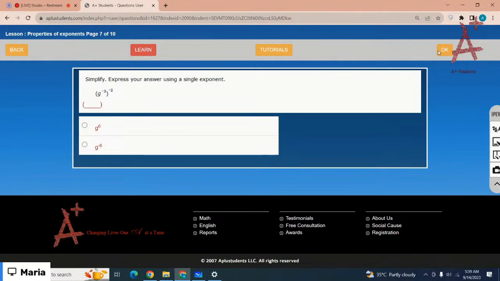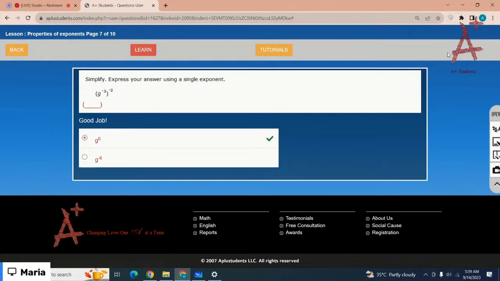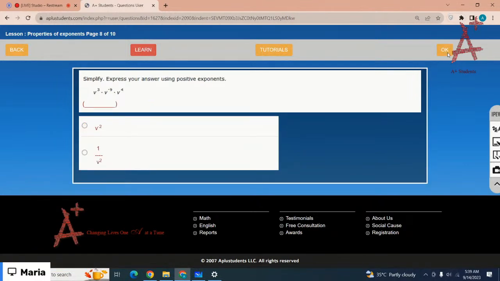Simplify. Which is the correct option? Yes, 3 times negative 2 is positive 6. So option number 1 is the correct option, g exponent 6. Simplify. Which is the correct option? All of them have exactly the same base, right?